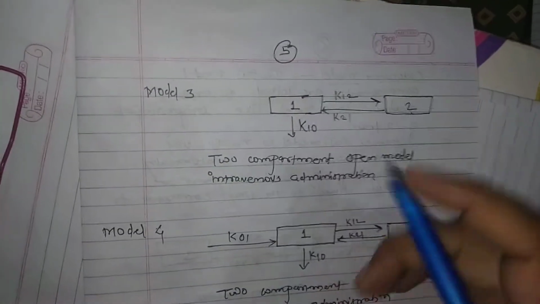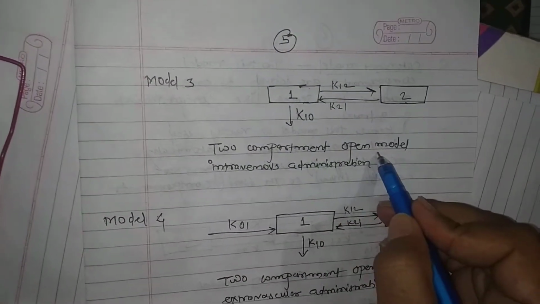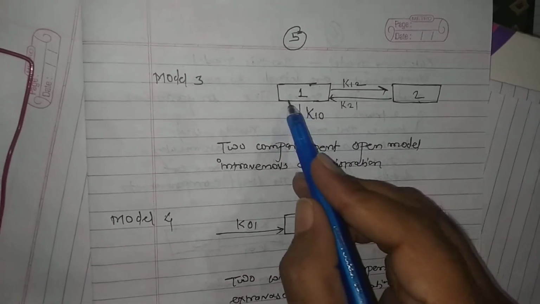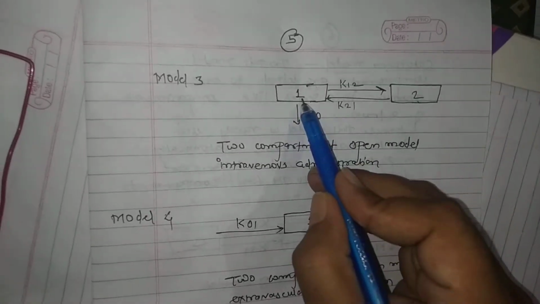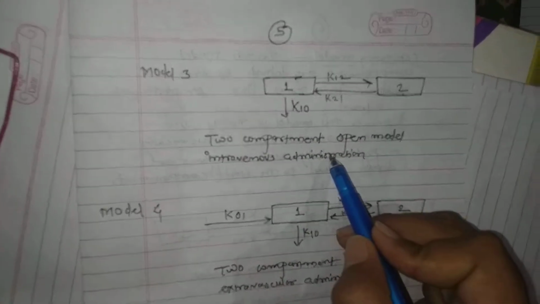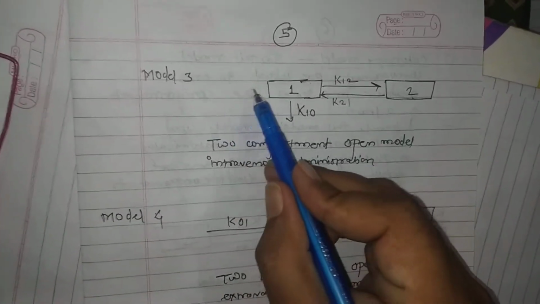So model third, the two compartment open model. As earlier we have discussed only one compartment, here there are two compartments, compartment 1 and compartment 2. Again here the intravenous administration, so there is no absorption phase.